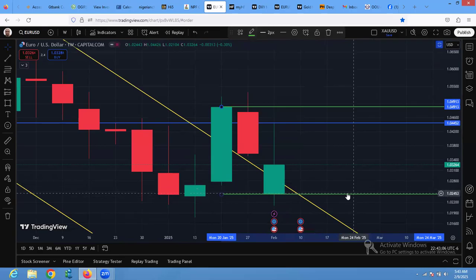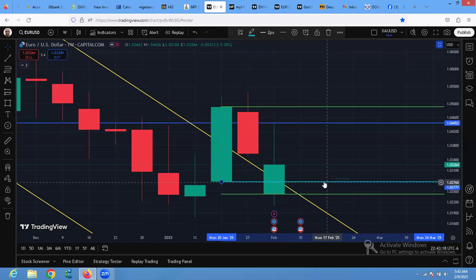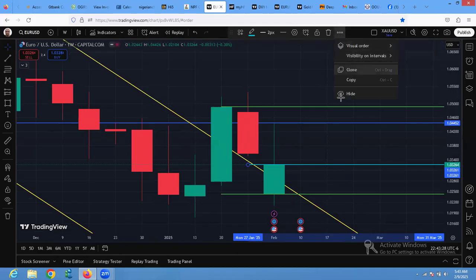Now, we need action in between this zone. We need actions in between that zone.